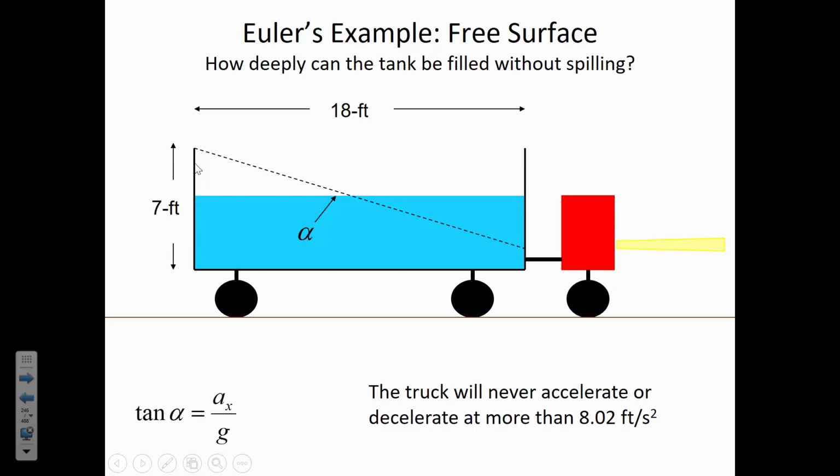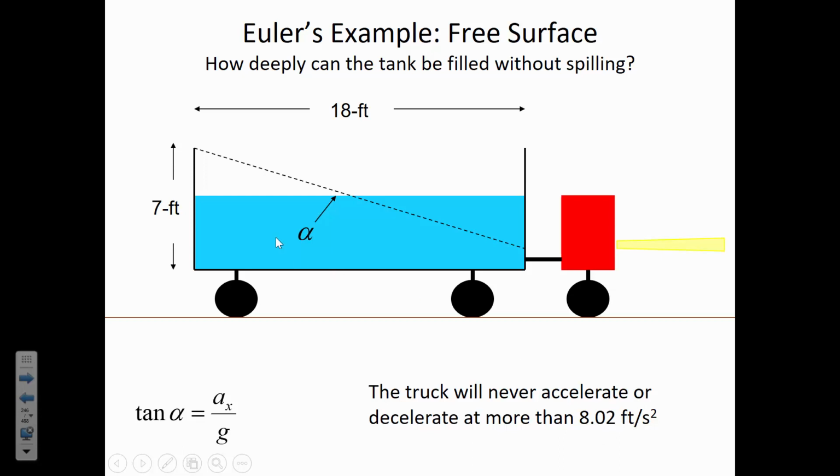Because if it's too close to the surface, then that acceleration would cause it to spill. So we need to have enough extra room here so that when it is accelerating, the top left edge is just all the way up to the 7-foot edge of the container. And so we know that g in traditional units is 32.2 feet per second squared, and we're given an acceleration of 8.02 feet per second squared horizontally.